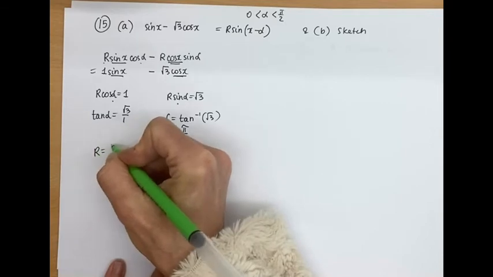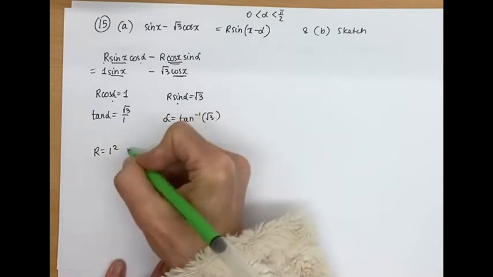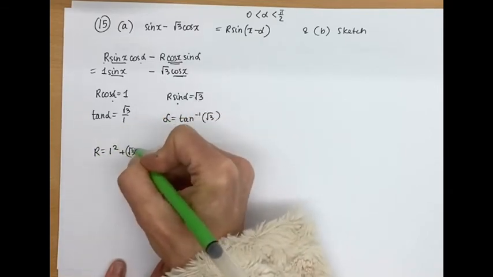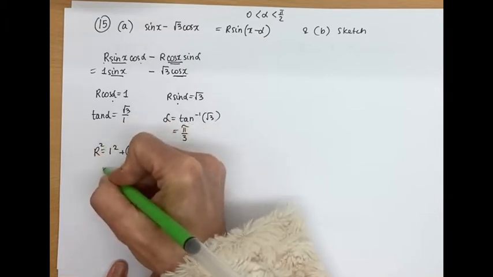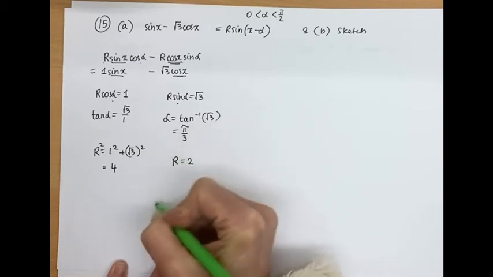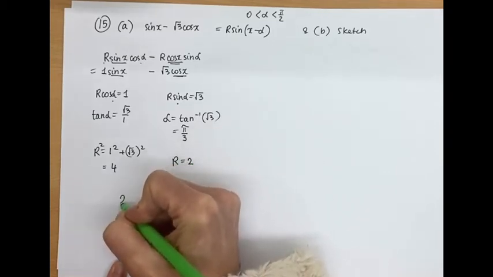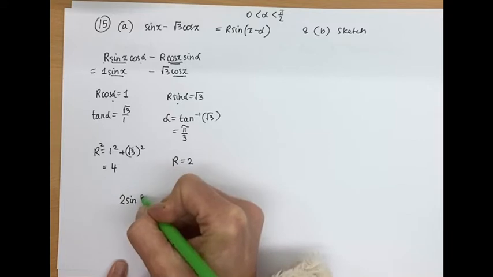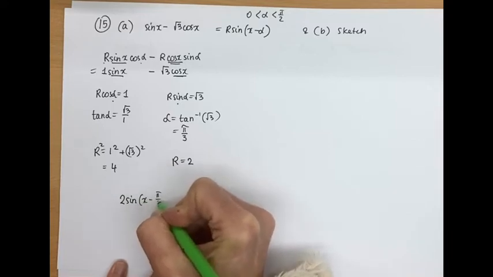R is going to be, let's say r squared is 1 squared plus root 3 squared, so that's equal to 4, giving me r is equal to 2. Putting these together, I will have 2 sine x minus pi over 3.